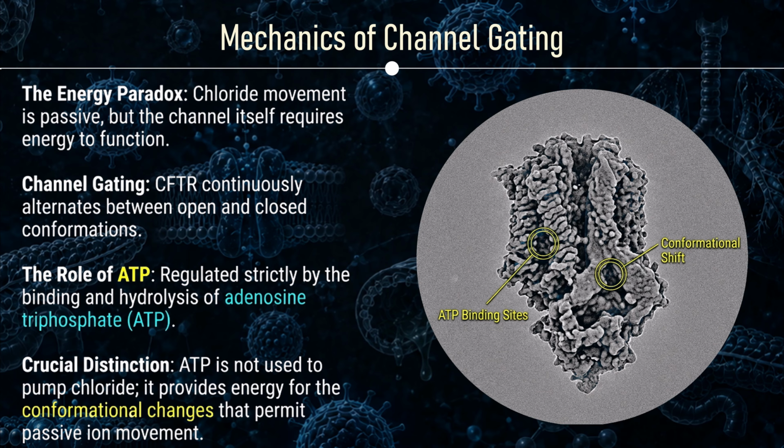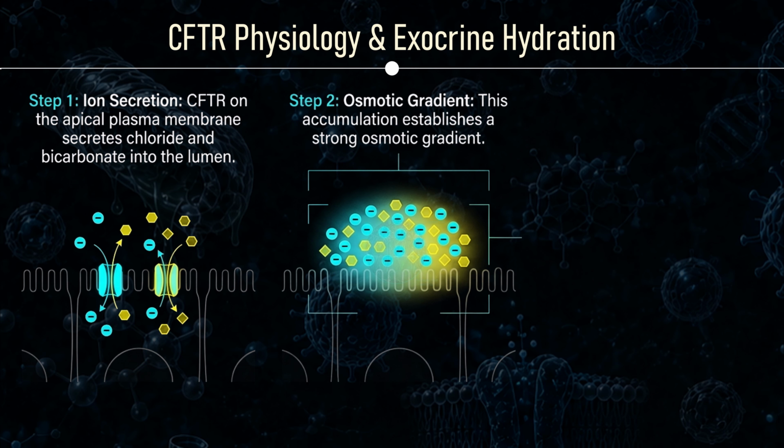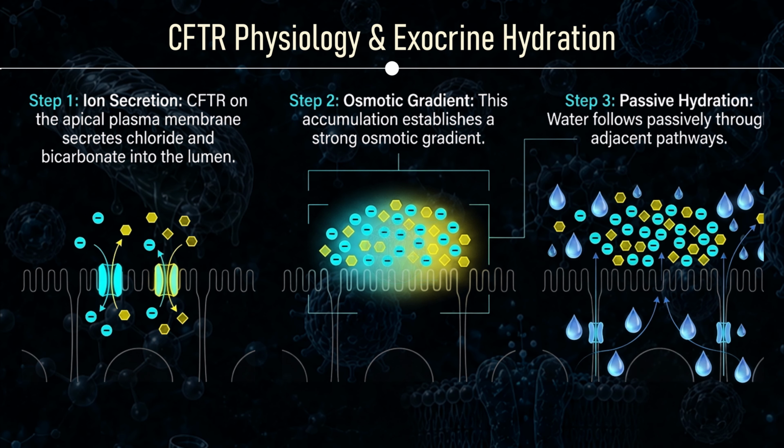CFTR is predominantly expressed on the apical plasma membrane of acinar cells and numerous secretory epithelial tissues throughout the body. Its physiological function extends far beyond chloride transport alone. By secreting chloride and bicarbonate into the lumen, CFTR establishes an osmotic gradient that allows water to follow passively through adjacent pathways.